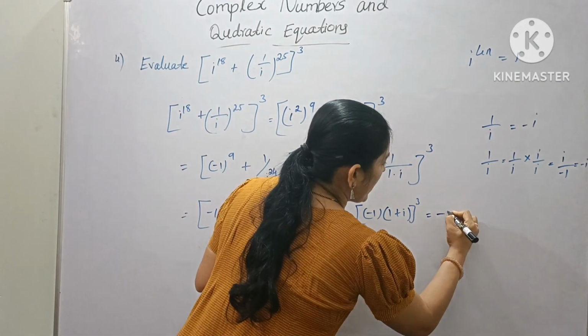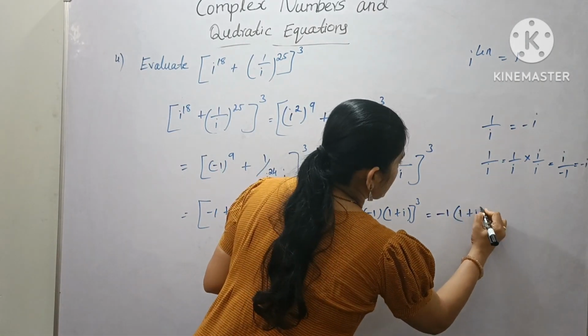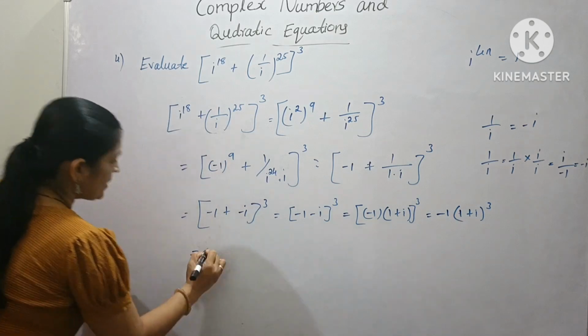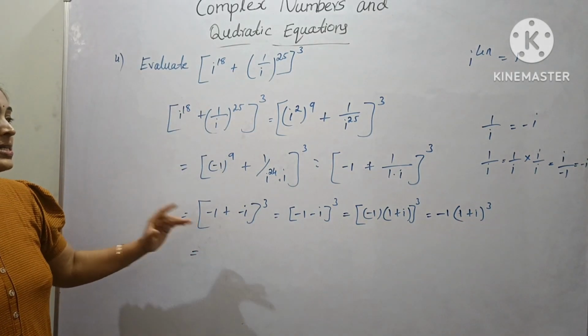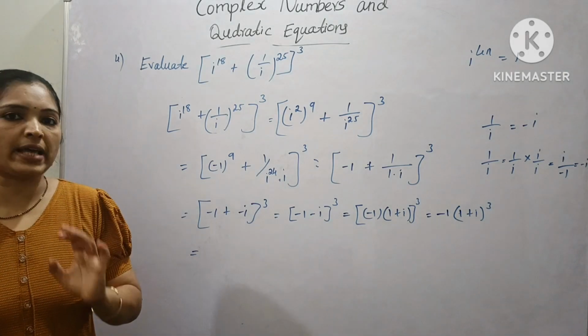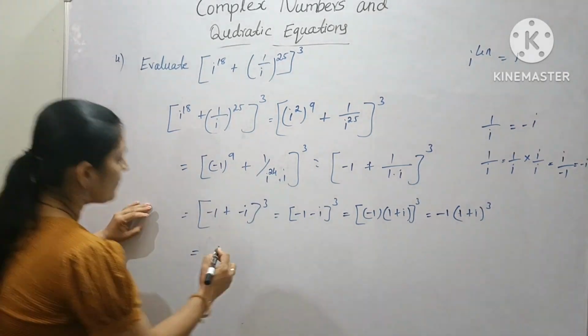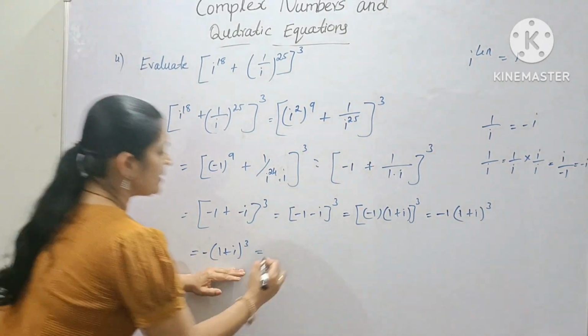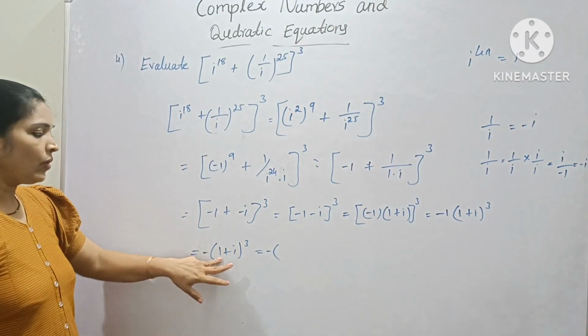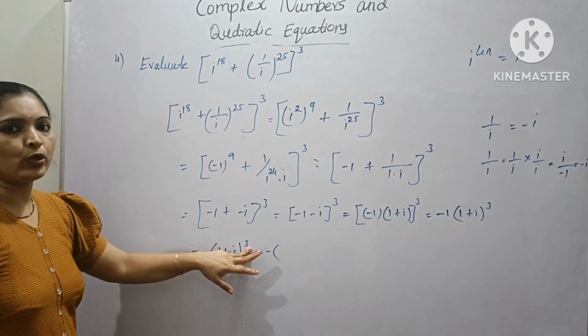So minus 1 into (1 + i) whole cube. Whenever simplifying a given complex number, at last we have to make it in the form of a plus ib. So here minus of (1 + i) whole cube, that is minus of (1 + i)^3.